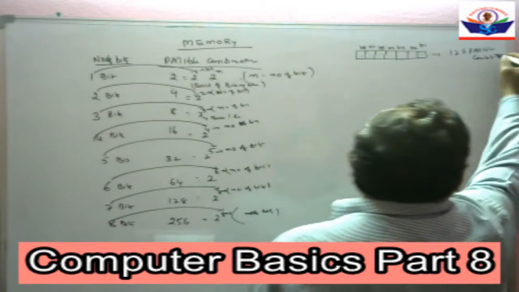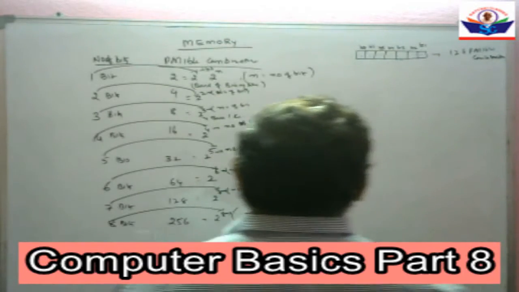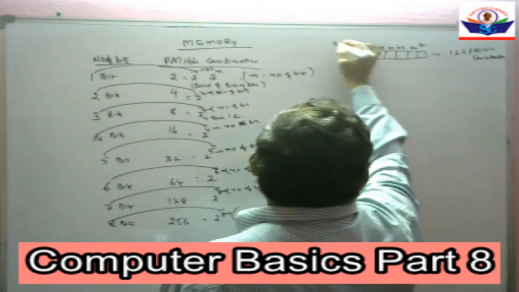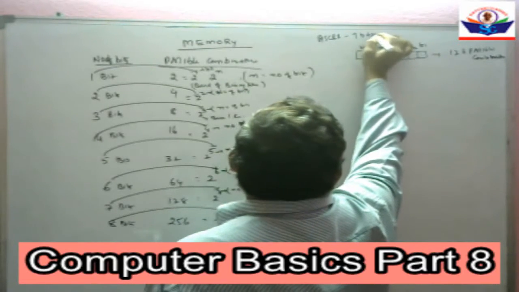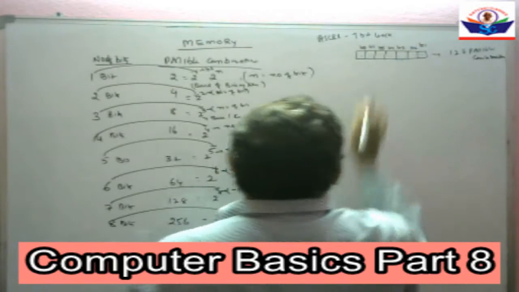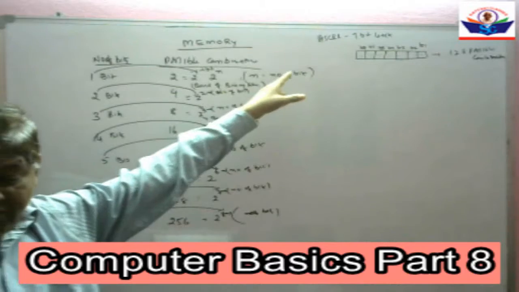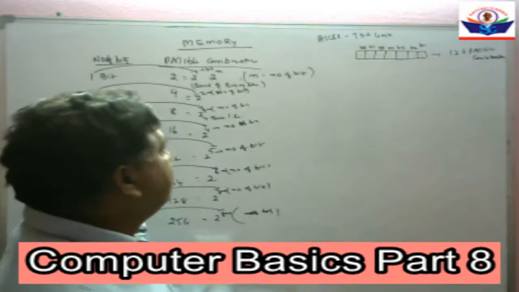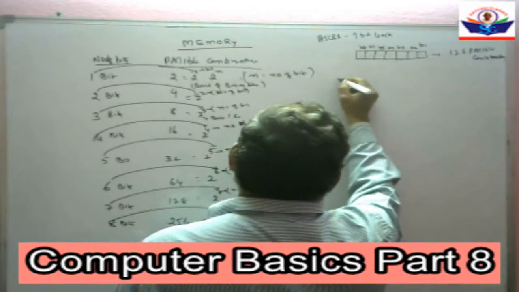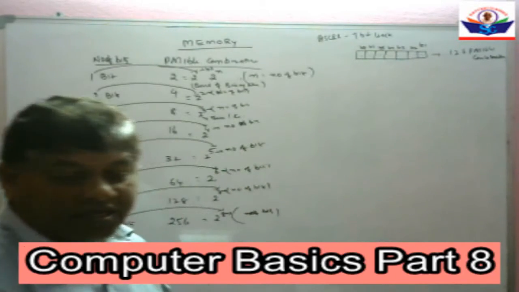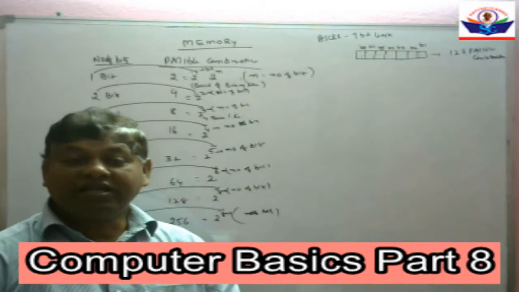Now, if you observe here, with ASCII code of 7 bit length, we have 128 possible combinations. In the keyboard, we may have letters, digits, special characters, and mathematical symbols also.